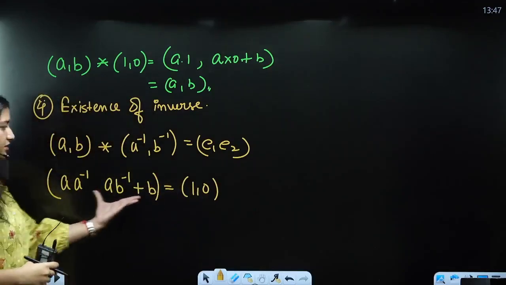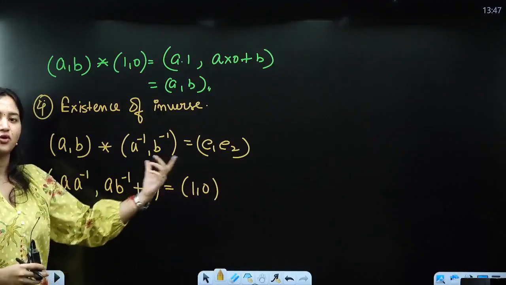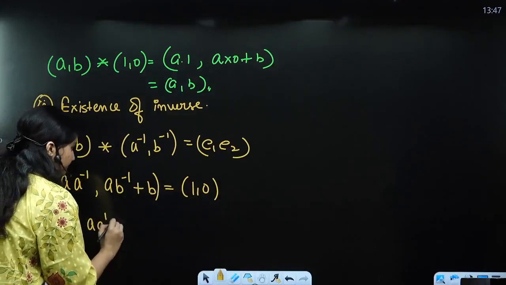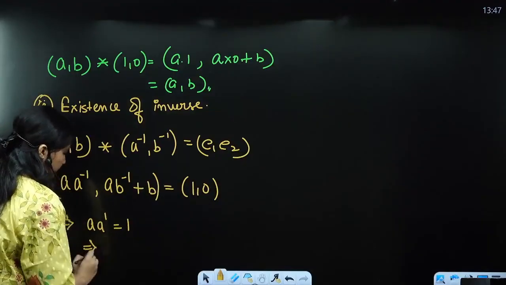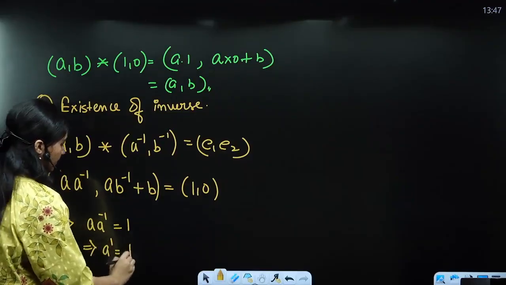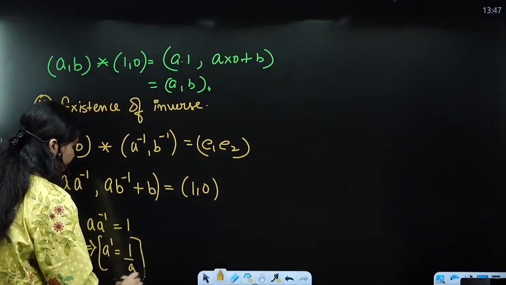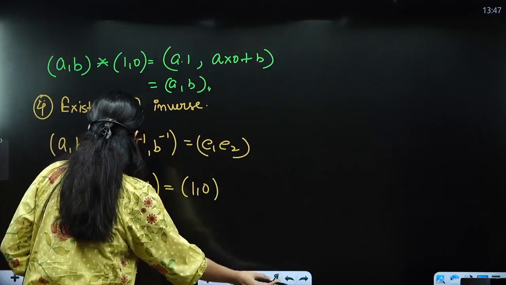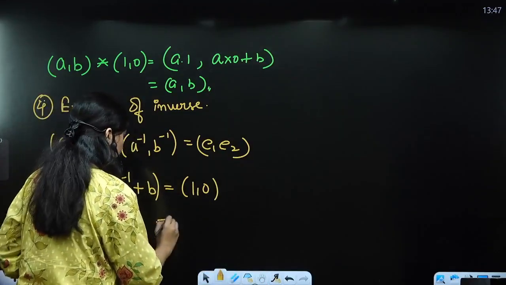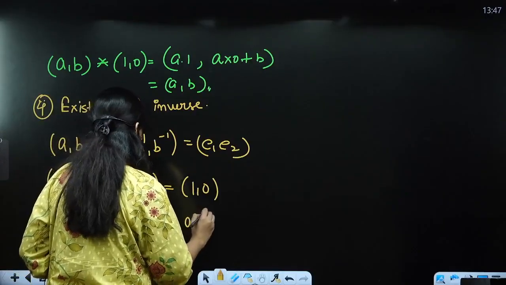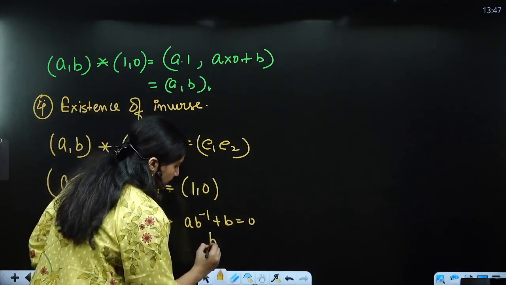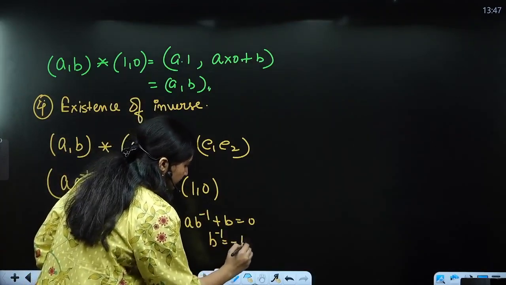Since these are ordered pairs and they are equal, respective coordinates are going to be equal. So this implies that a inverse equals 1 upon a. And here we have a b inverse plus b equals 0. So b inverse is going to be minus b upon a.